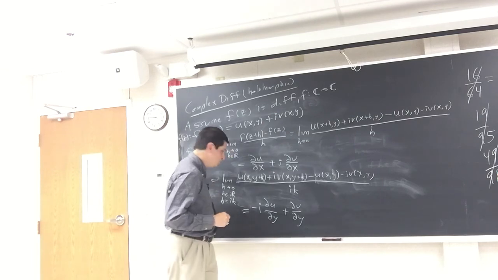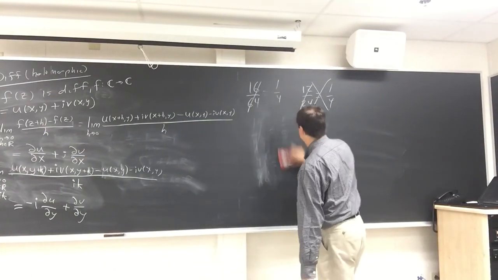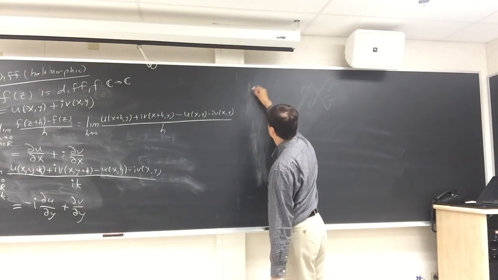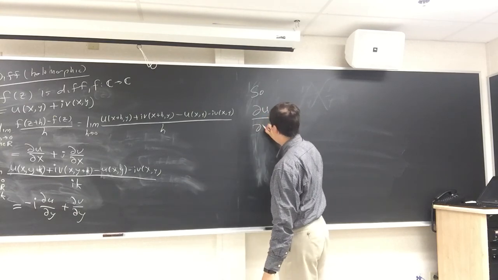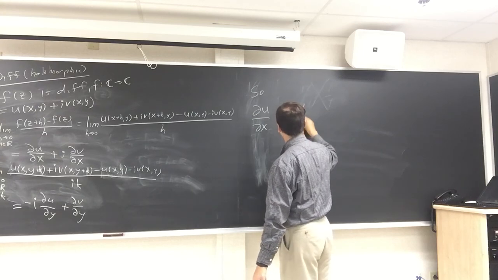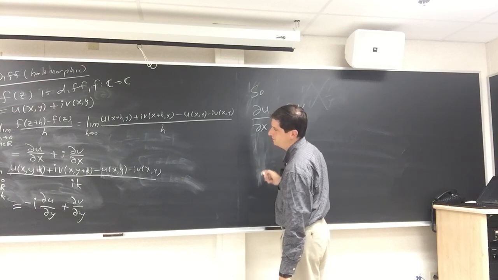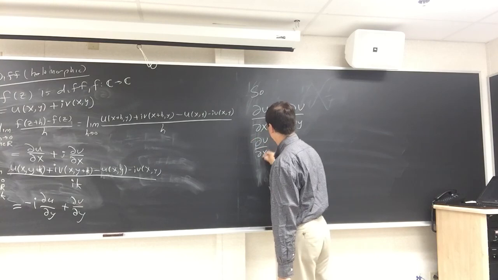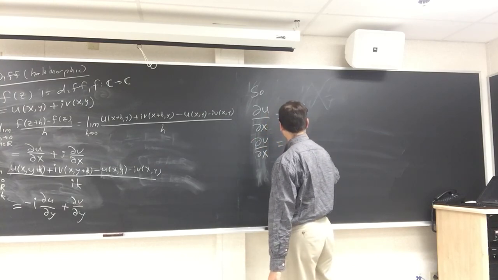Well, now we have two things that are equal. Let's just equate the real parts and equate the imaginary parts. So we get the real part, du/dx equals dv/dy. And the other one is dv/dx equals negative du/dy.